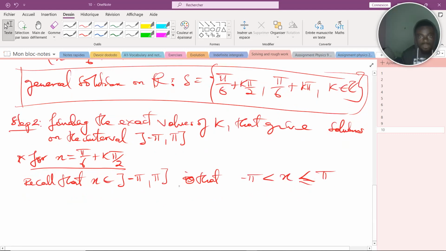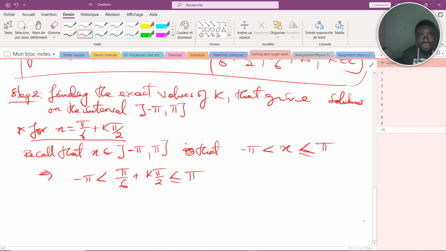Is that okay? I'll then take this x, this first x, and substitute it here and make k the subject. So this implies where I see x, I substitute the first one: pi on 6 plus k pi on 2 must be greater than -pi, but less than or equal to pi.